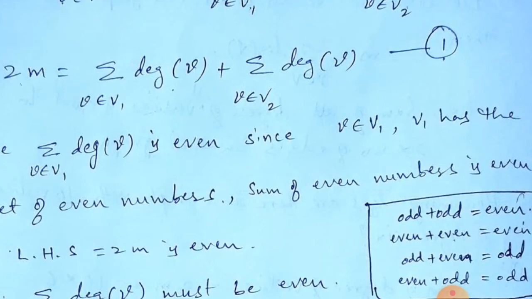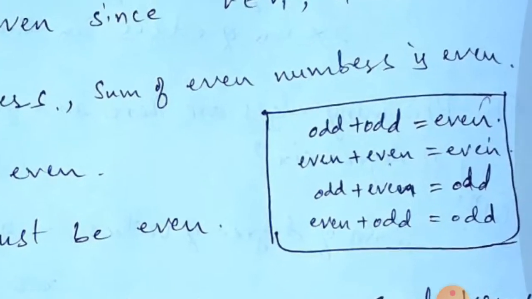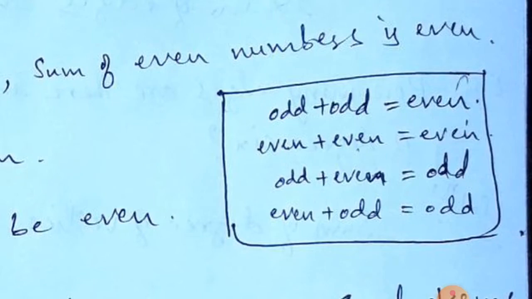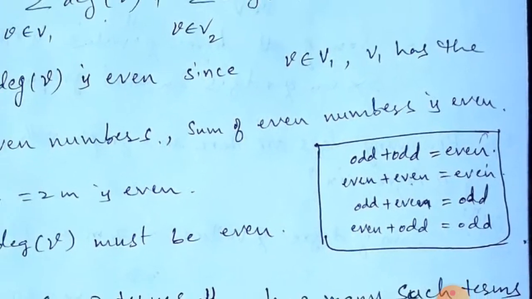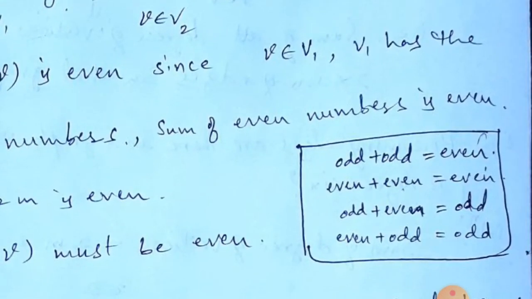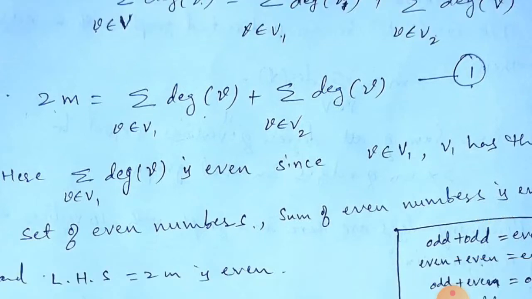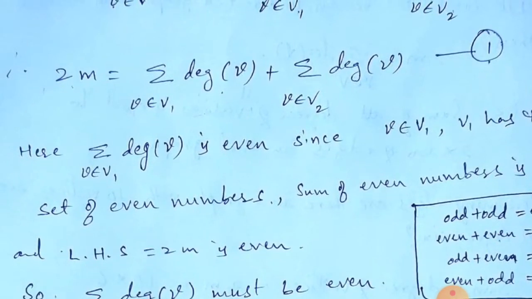Now in this there are two terms being summed. Odd plus odd is even, and even plus even is even. Odd plus even is not applicable here because 2m is even. So we get even either from the sum of two odd numbers or the sum of two even numbers. In the first term, the sum over v in V1 of degree of v is even, since it is a sum of only even terms.